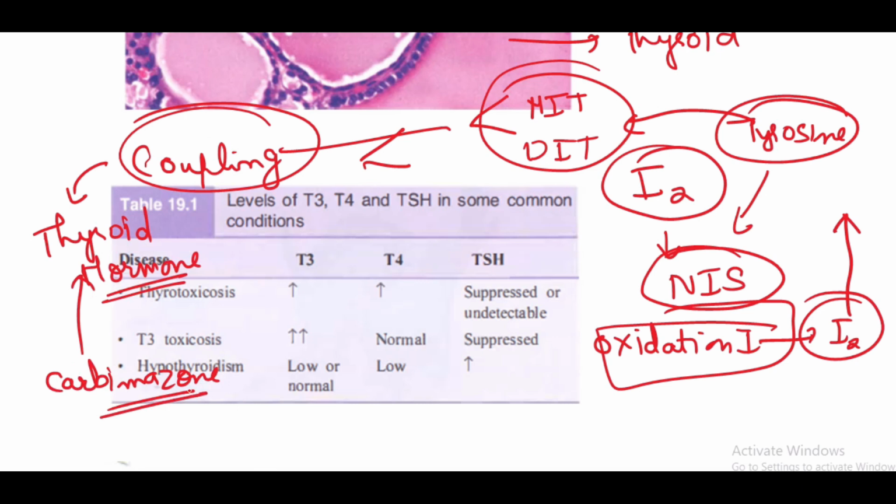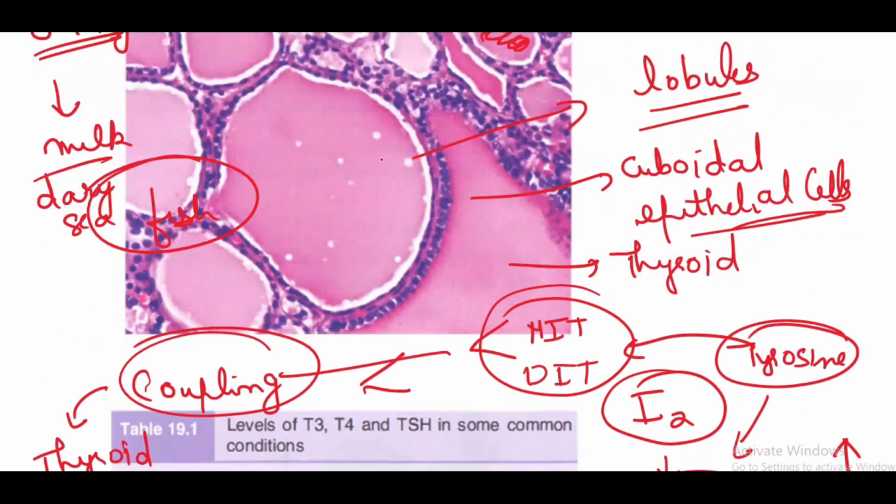And remember, carbimazole can block this coupling stage and reduce the synthesis of T3 and T4 hormone. Now these thyroid hormones are stored in the follicular lumen of the thyroid gland within the colloid.